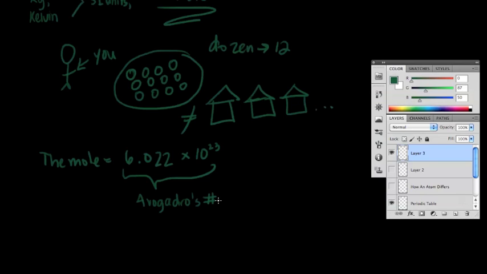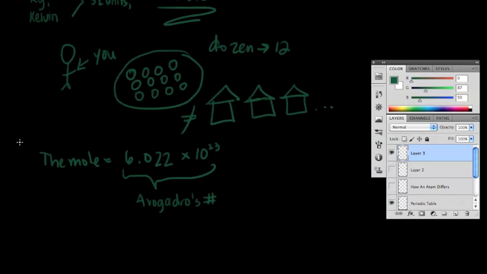And this number is very useful in calculations, particularly stoichiometry. Right now, we're going to be using it to measure matter, and I will tell you its further applications in the other four parts of this lecture series.